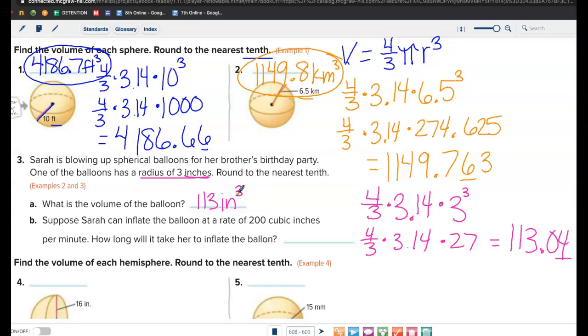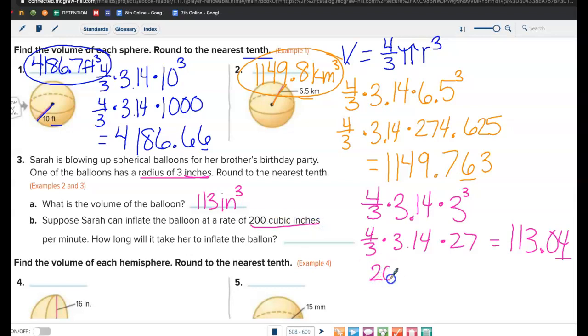Okay, for B, suppose Sarah can inflate the balloon at a rate of 200 cubic inches per minute. How long will it take for her to inflate the balloon? So we're going to set up a rate and then solve it using the butterfly method that we've done in the past. It says she can inflate the balloon at a rate of 200 cubic inches per minute.